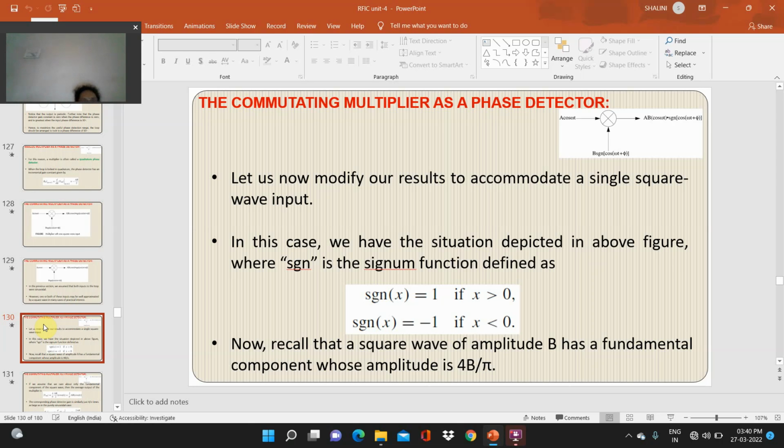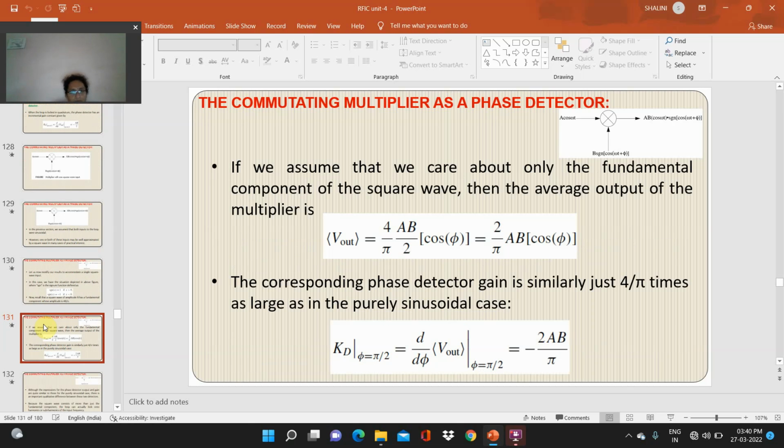Now recall that a square wave of amplitude B has a fundamental component whose amplitude is 4B by pi.